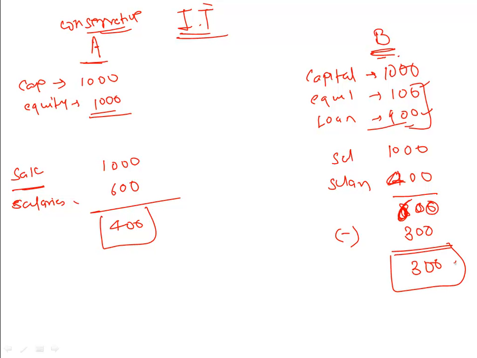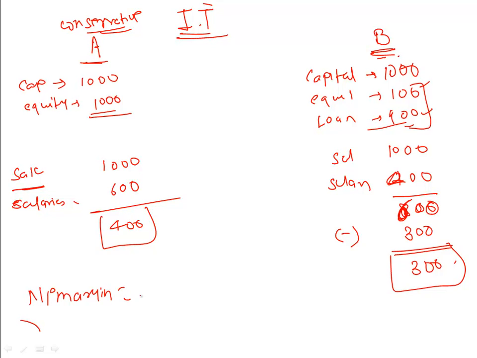Now see, what we'll typically do is look at these two companies. We'll say size of capital, same. So this company has been able to earn 400 by making sales of 1000. So we'll calculate one number. We'll typically call this net profit margin.